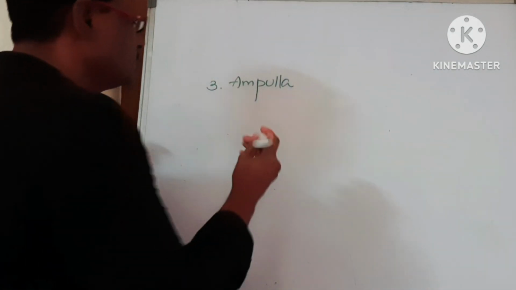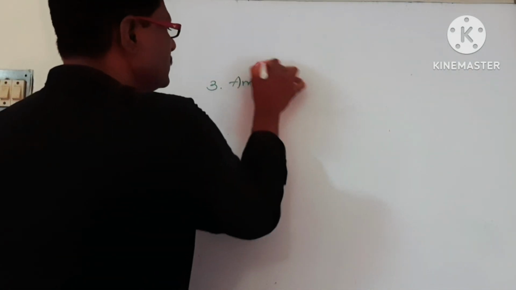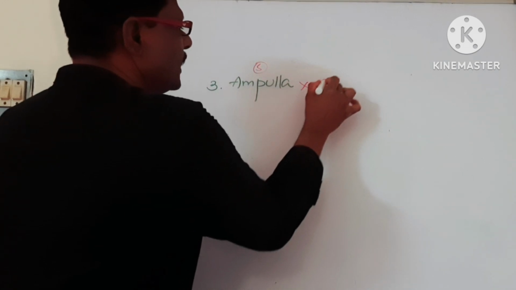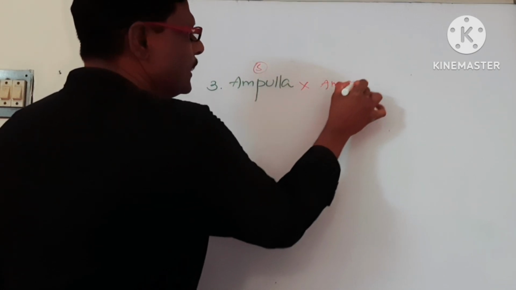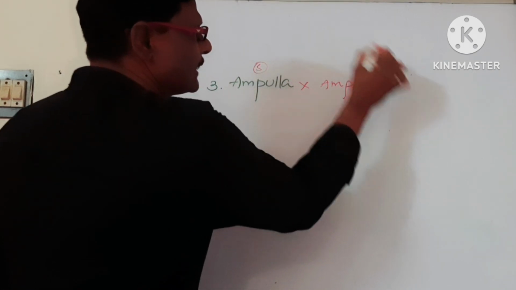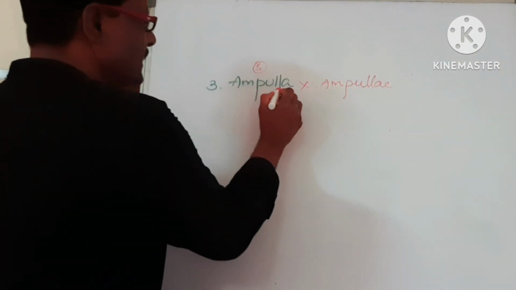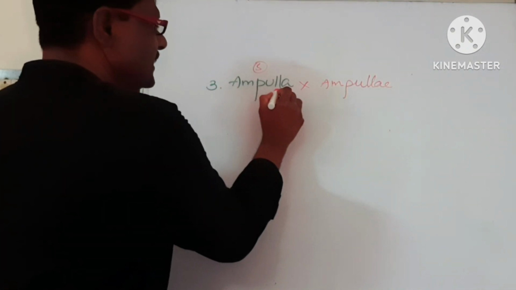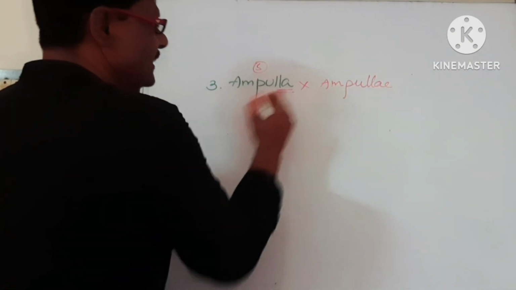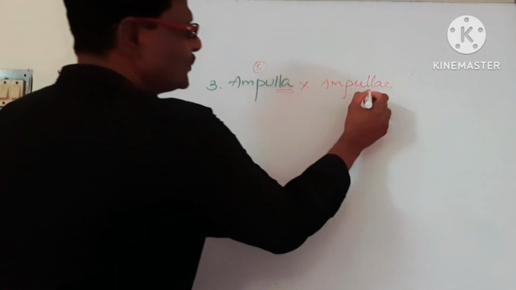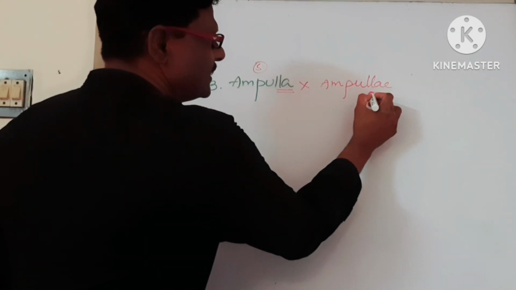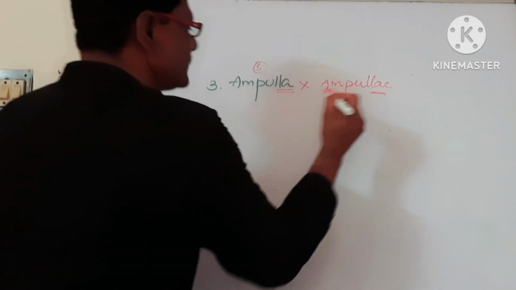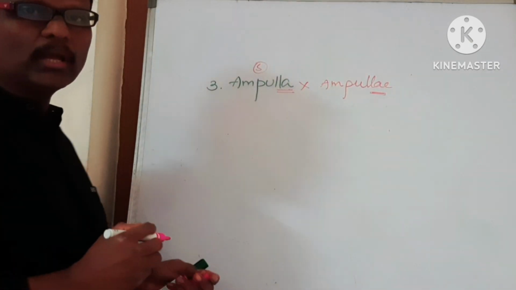Ampulla is singular, whereas ampullae is plural. Here the suffix is a, but in the plural it is ae. What is that? Ampullae.